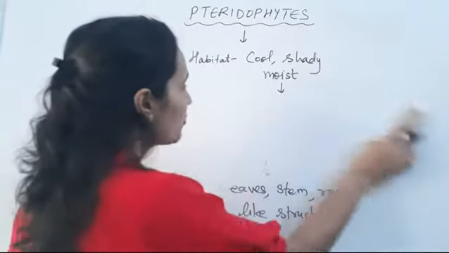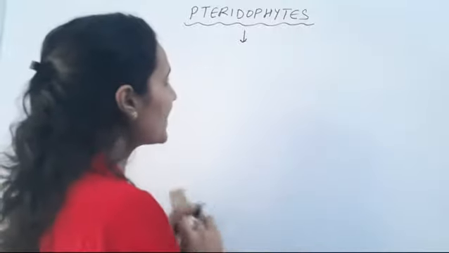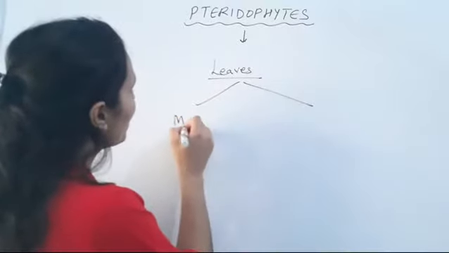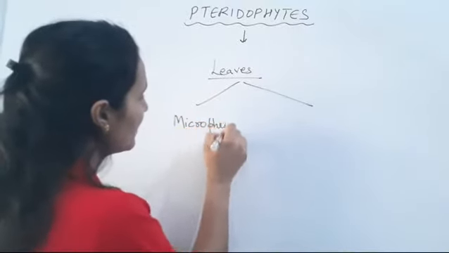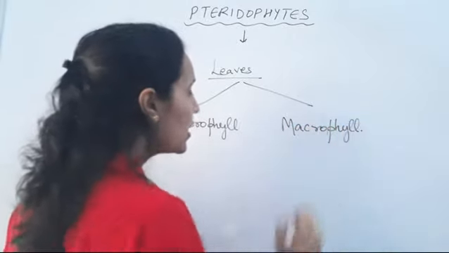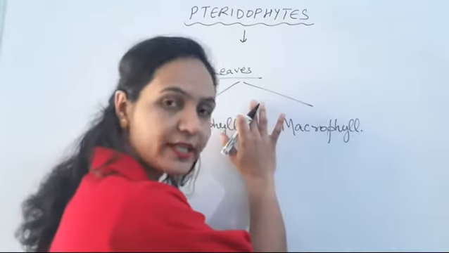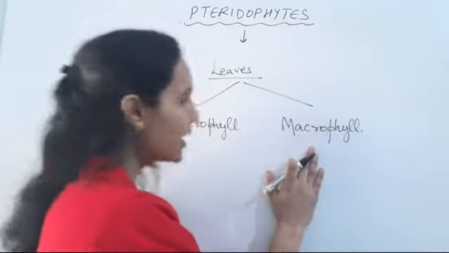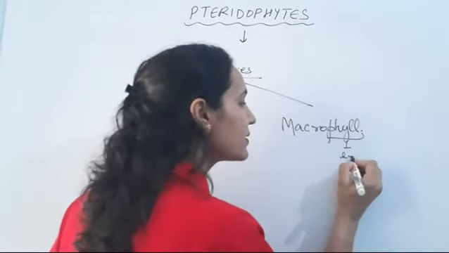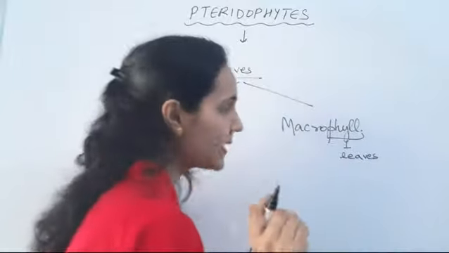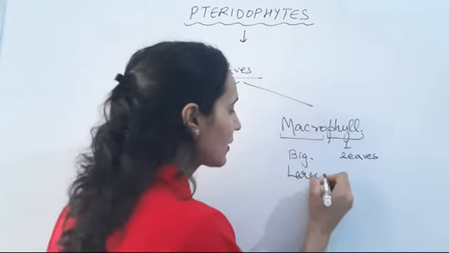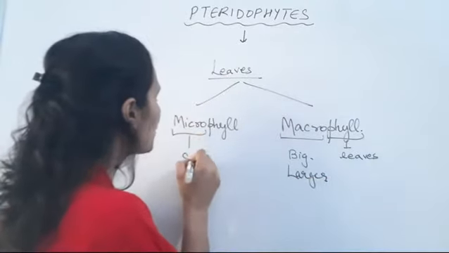So, I told you the main plant body is sporophytic. The sporophytic body produces two kinds of leaves. One is microleaf, or you can say microphyll, and the other one is macrophyll. Here, phyll means leaves, macro means big or larger, and micro means small.